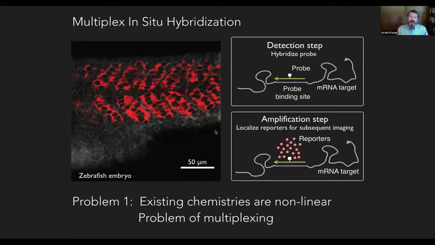That red is a reaction product that an enzyme has laid down because the appreciable background of a whole-mount zebrafish embryo that's shown in gray in that image is high enough that if we just used a direct fluorochrome to label the individual mRNA by using an antisense probe, the signal would be lost in the noise.